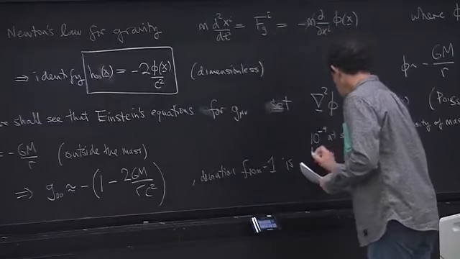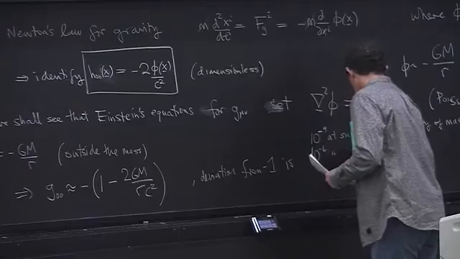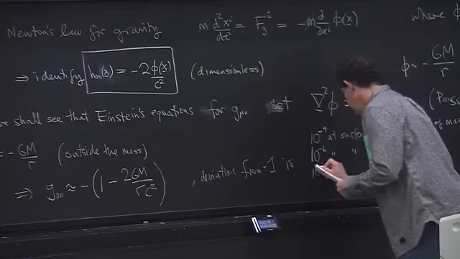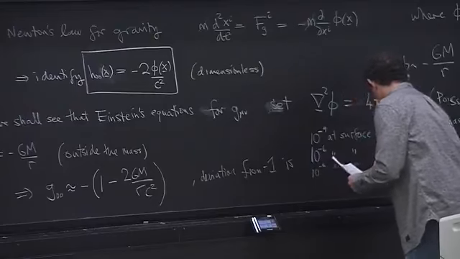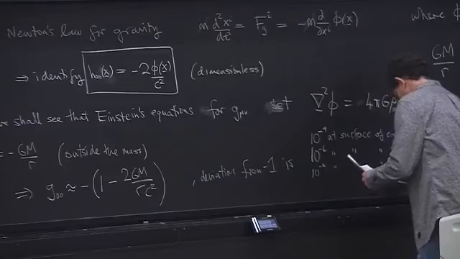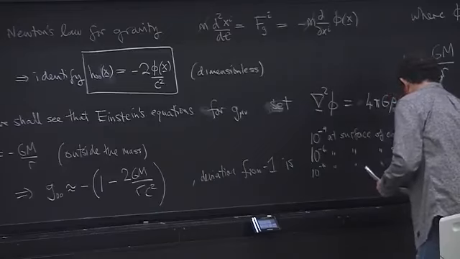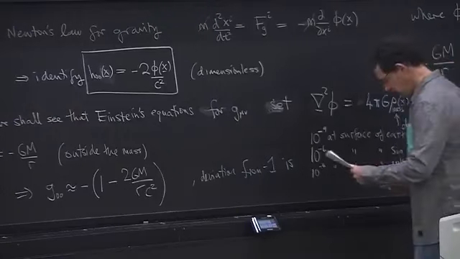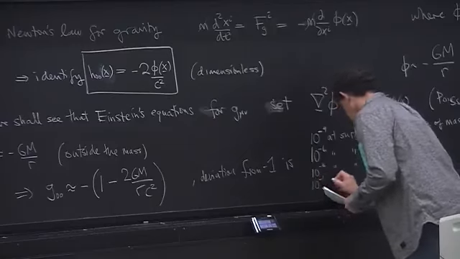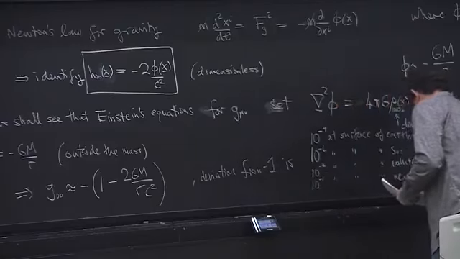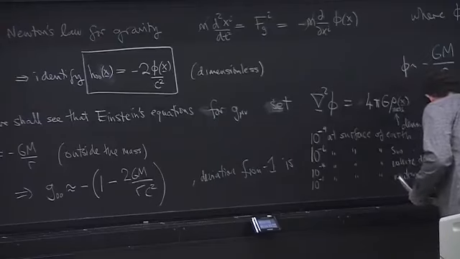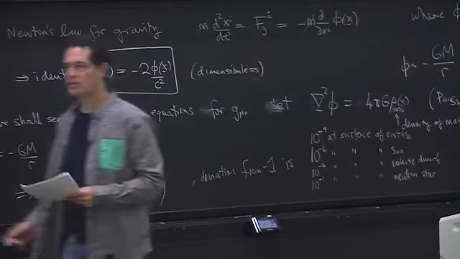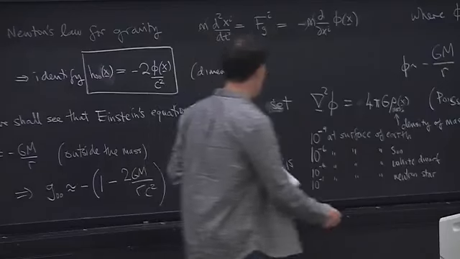It's 10 to the minus 6 at the surface of the Sun. It's 10 to the minus 4 at the surface of a white dwarf. It's a certain kind of compact star. It's 10 to the minus 1 at the surface of a neutron star. So that's a star that has collapsed to a degenerate Fermi gas, consisting of mostly neutrons.